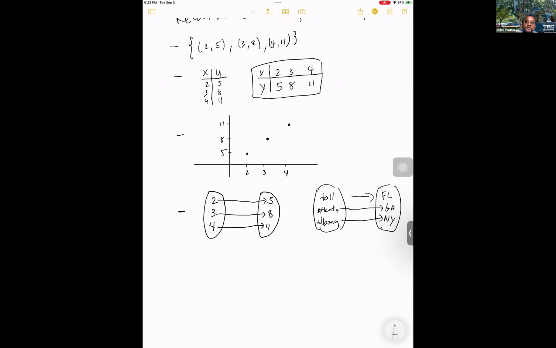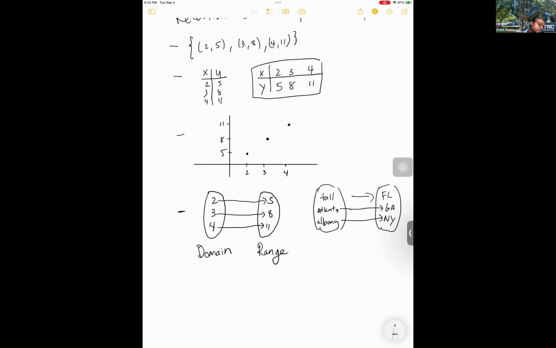The initial values of the relation are called the domain values. The other set of the relation where it's been mapped onto is called the range of the relation.